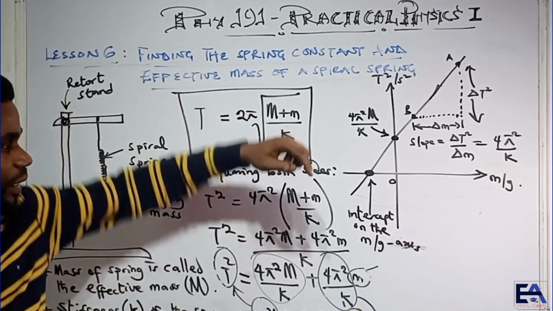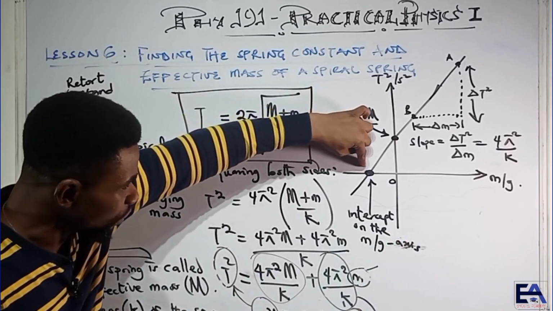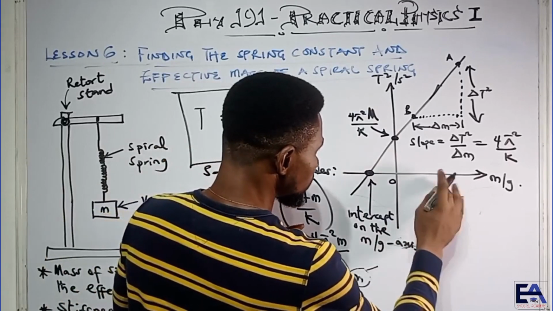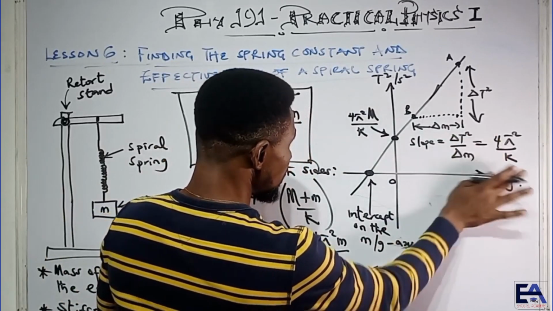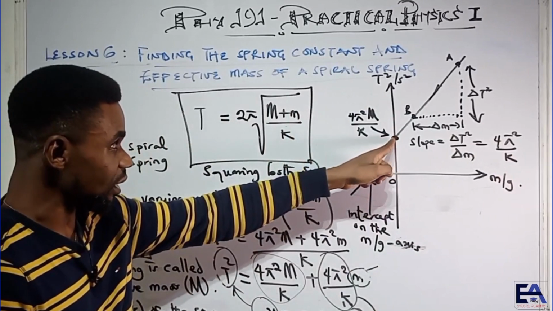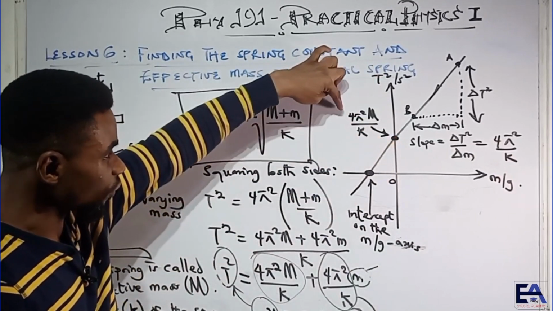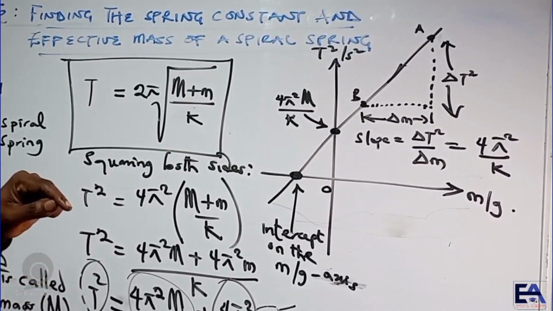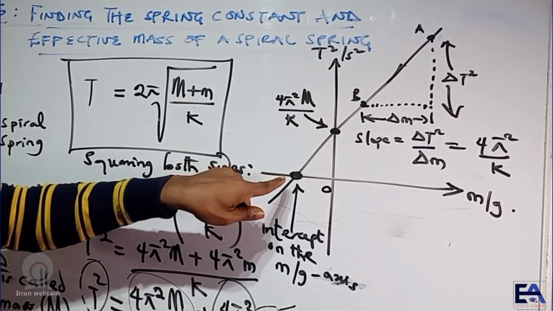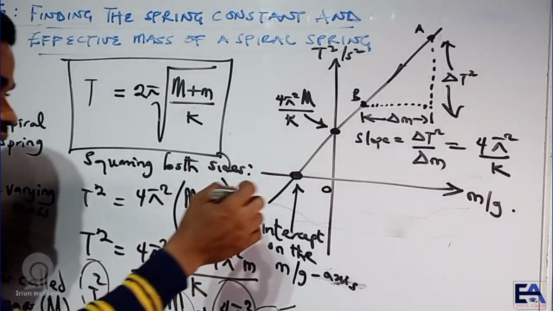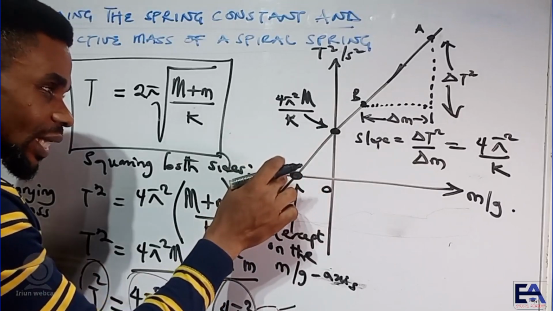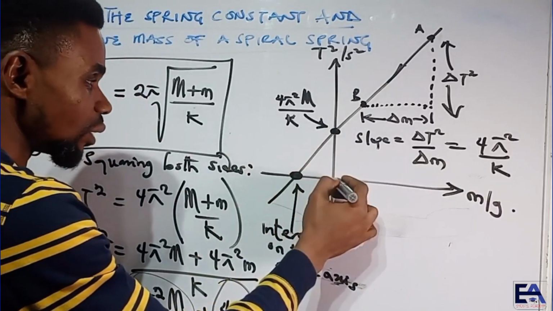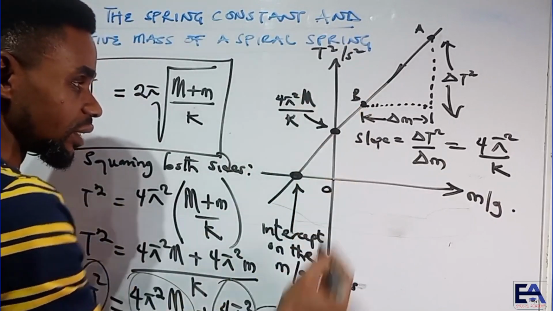If you check this out very well, first we have agreed that slope is equal to 4 pi squared over k, and we have also agreed that the intercept at the t-squared axis is equivalent to 4 pi squared M over k. But now we want to know what's going to happen at this intercept here. The place where the graph cuts across the x-axis, which is the mass axis, the value of t squared at that point is 0.